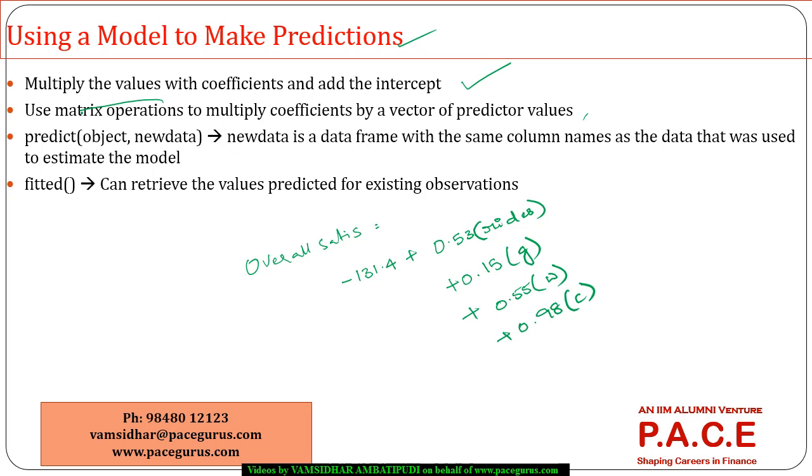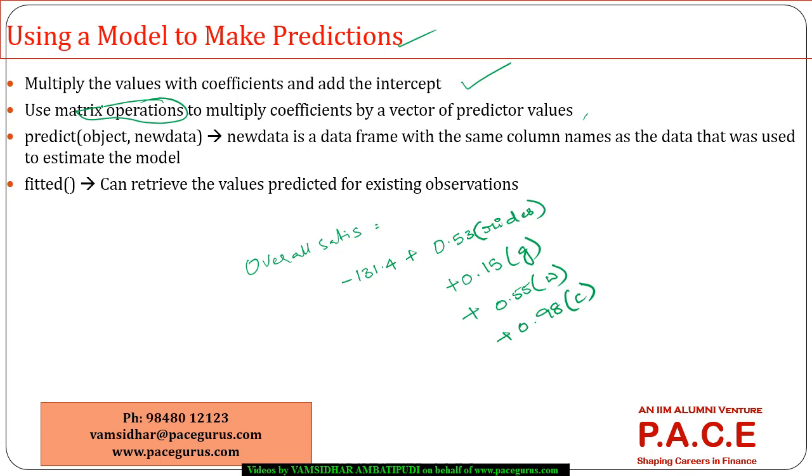I can take matrix operations wherein I take the coefficients of the model and multiply them with the values, whatever ratings people have given, and based on that I can get the overall satisfaction that they are going to get. They can take the intercept and all the coefficients and multiply them with whatever ratings they have given.